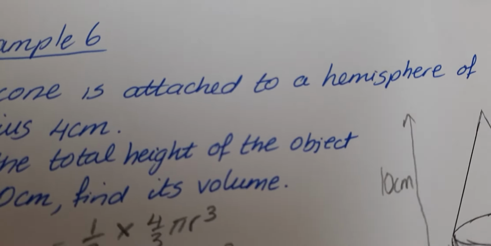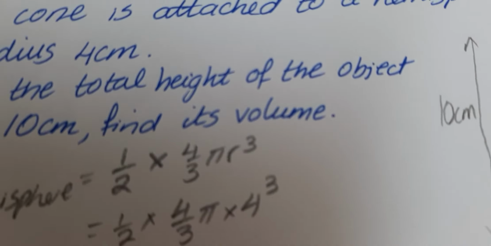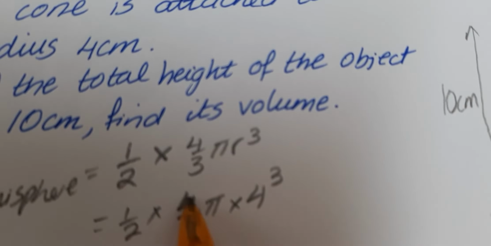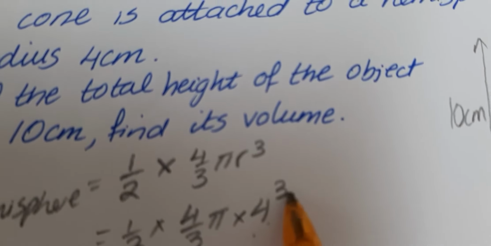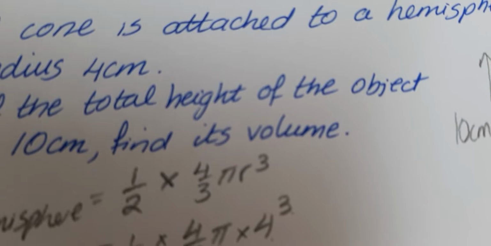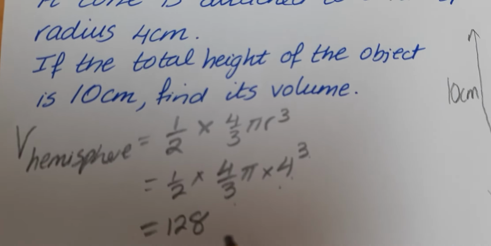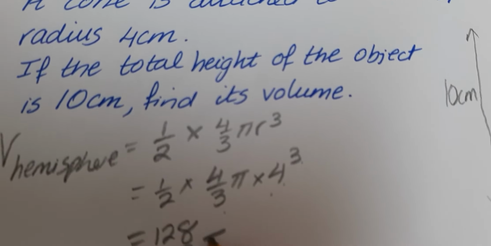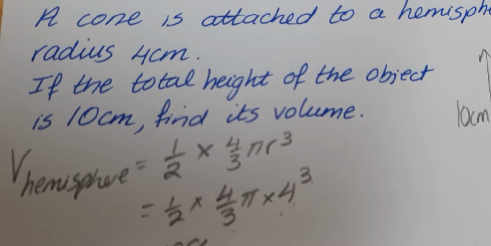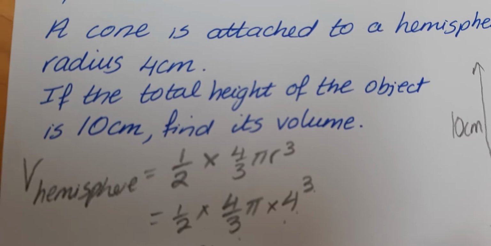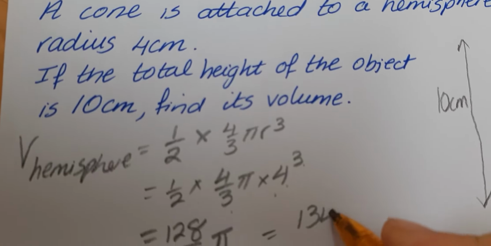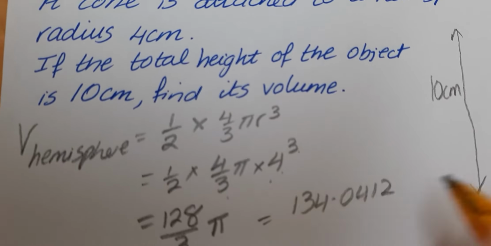And it's time for my Casio to get working. So I will do a half times 4 over 3 times 4 cubed in my calculator. It will come to 128 over 3. And then I just multiply it by pi. The final answer is 134.0412.